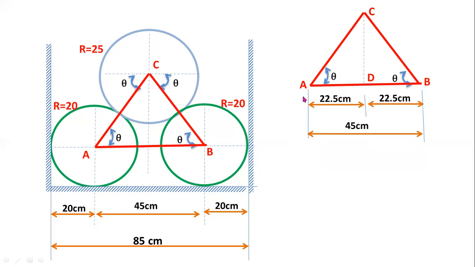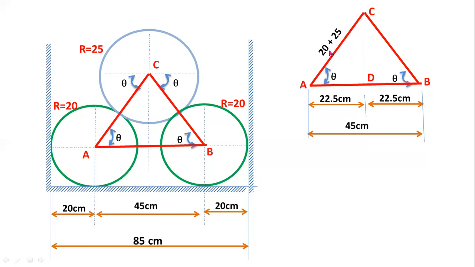Now from this diagram you can observe the length of line AC is equal to the radius of cylinder A plus the radius of cylinder C. The radius of cylinder A is 20 and the radius of cylinder C is 25. So 20 plus 25 is equal to 45.